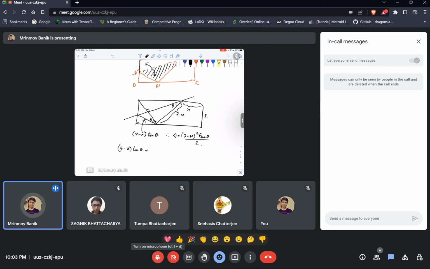So we took this as theta, so that means this is also theta. This is theta dash. You see theta plus theta dash is equal to 90, which is obvious since theta dash by definition is 90 minus theta. What else is there?